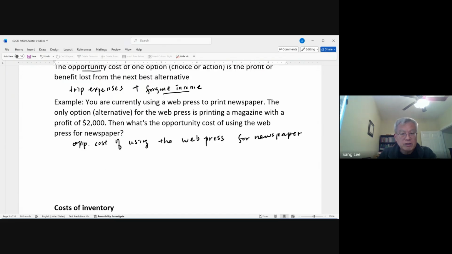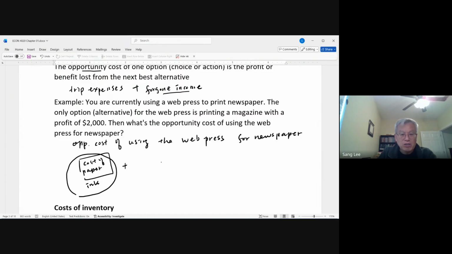To print the newspaper, you have to use ink and paper or whatever. We don't have that information. So this is some cost like paper or ink. If you only include this, then you are using the accounting cost concept, of course, which is not given here.